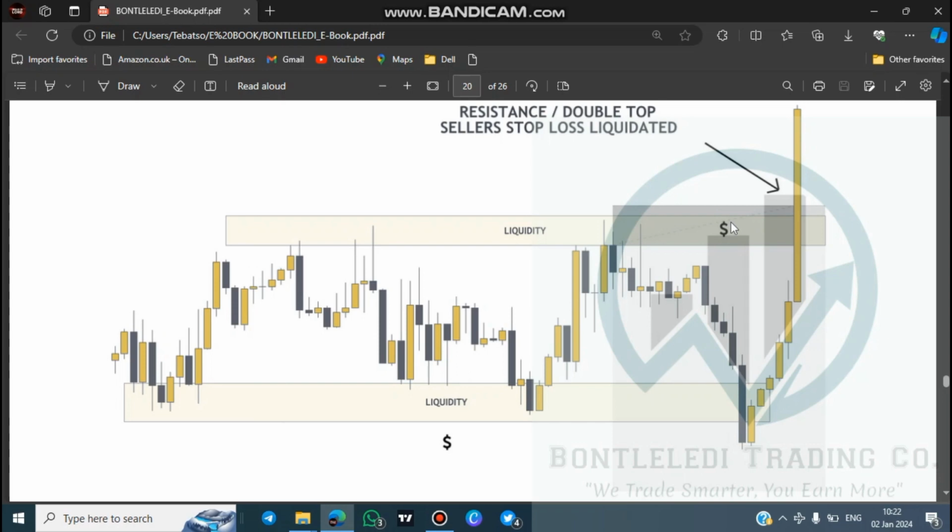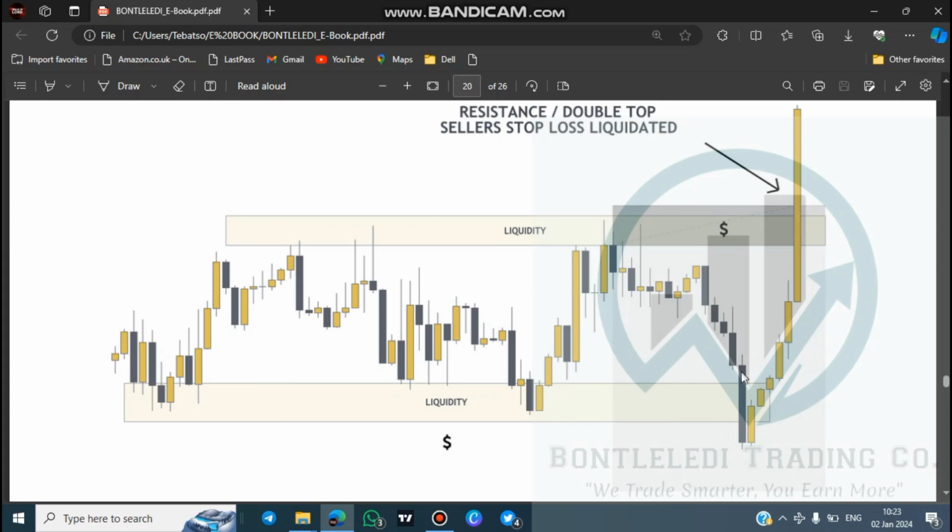But with us, we're going to be different and do things in a different way. So this is where the resistance or the double tops, the seller stops, are, where they will put them, and this is where they're going to get liquidated. If they enter their trade over here, this is where they're going to put their stop loss. Same as these ones over here. If they were buying over here, likely they put their stop losses just below here.